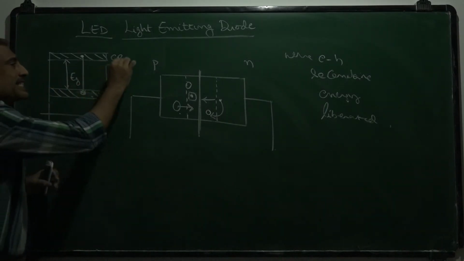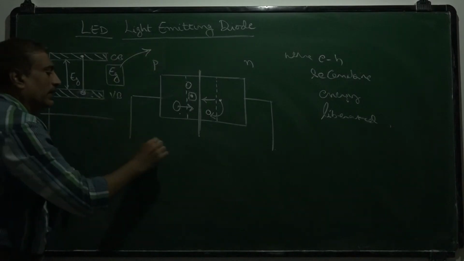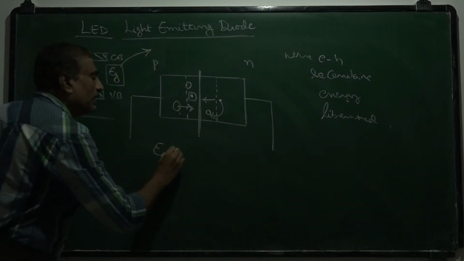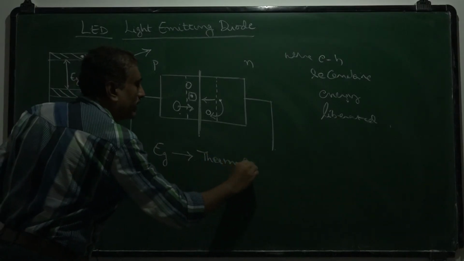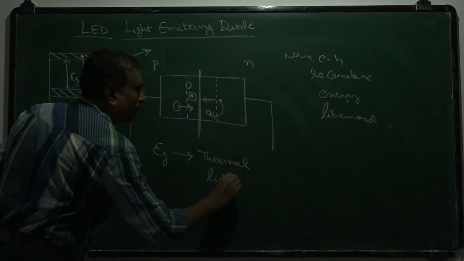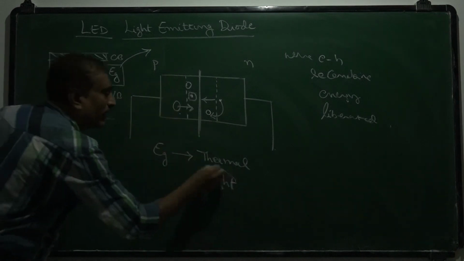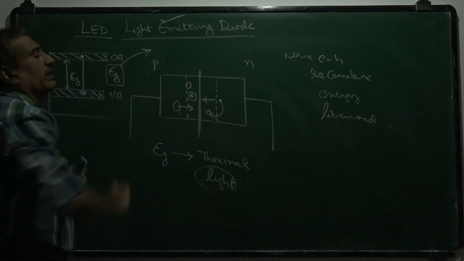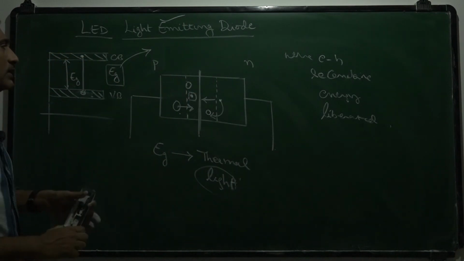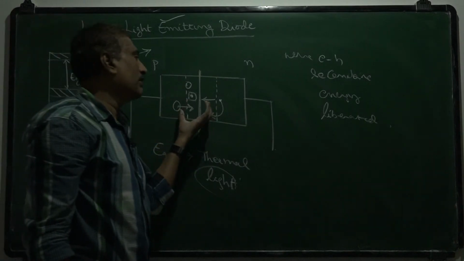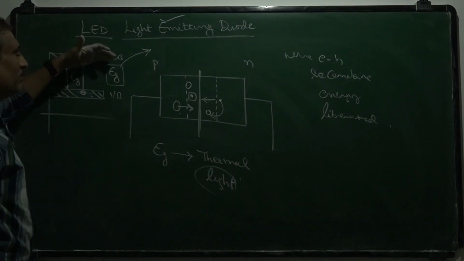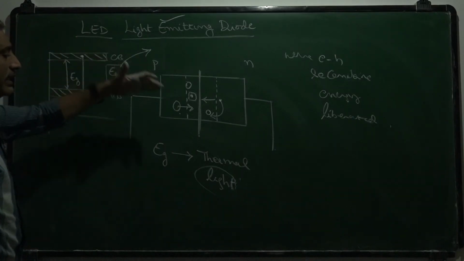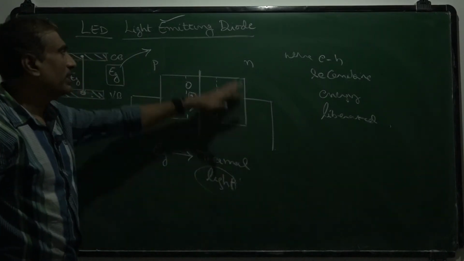This energy can be given out in two different ways, either as thermal energy, that means heat, or as light energy. If it is given in the form of light, then it is a light emitting diode. So when recombination of electron and hole takes place and the excess energy of the free electron is given out as light, then it is an LED.